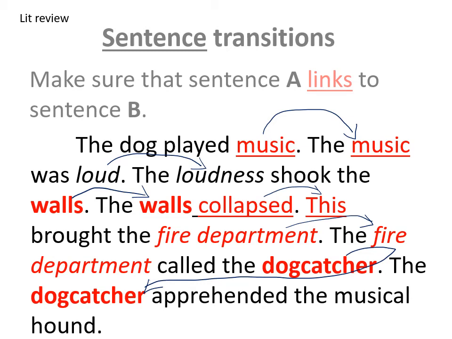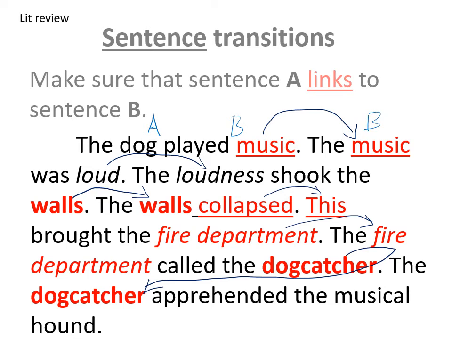Most of the time, if you have a problem with this, it can be helpful to literally map it out. This is a technique I learned from my wife, who has taught a lot of writing over the years. There we've got part A, the dog, and then somewhere over here we've got a B, the music.